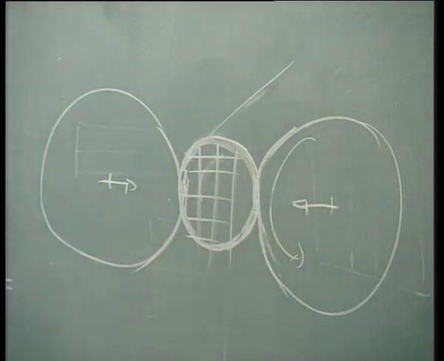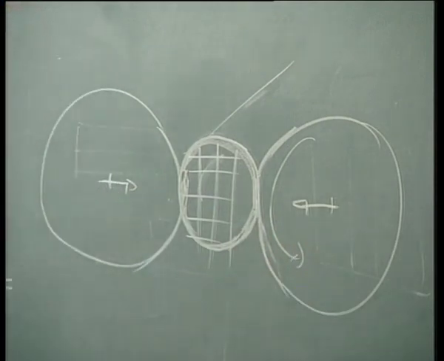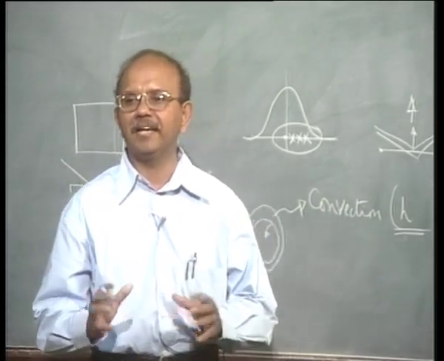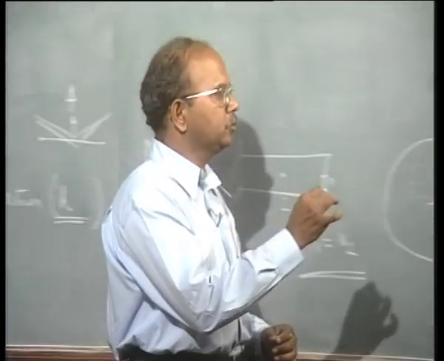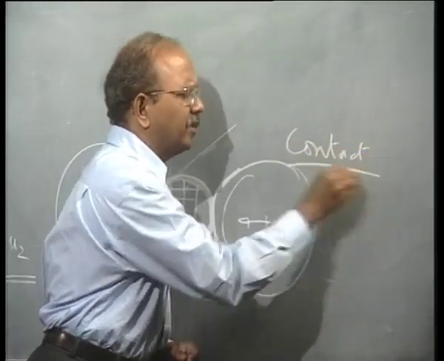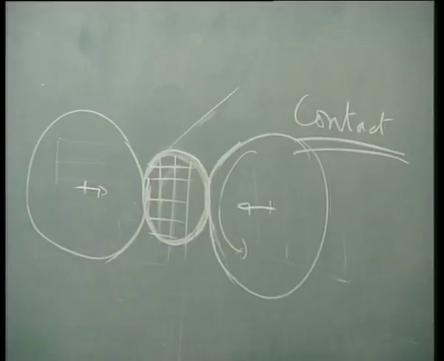Now, I had already commented that the two rolls are rigid. This roll and this roll are rigid, which means that I can use what is called a contact element. Contact elements are very, very important. I have been telling you quite often that they are very important in practice, especially if you want to do manufacturing simulation.